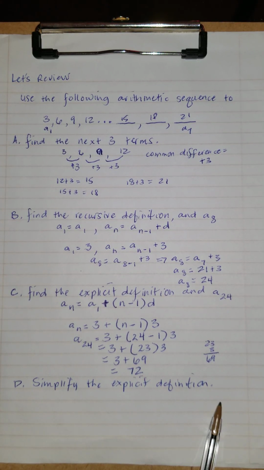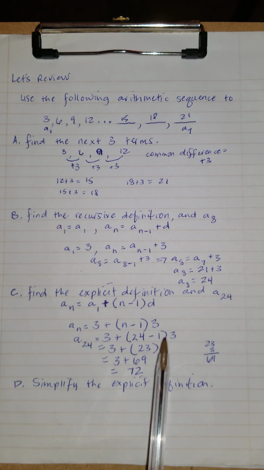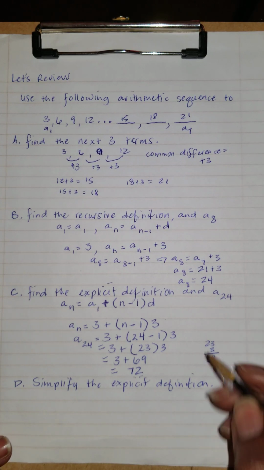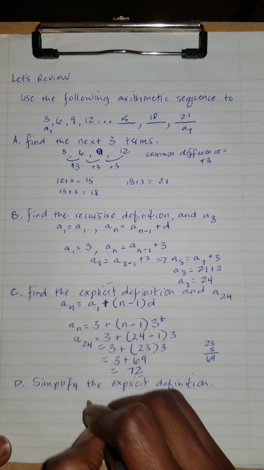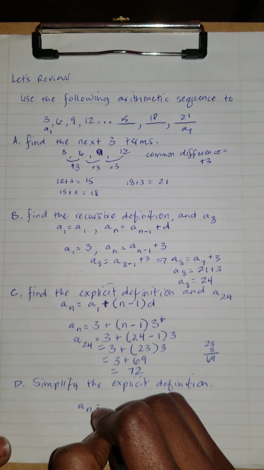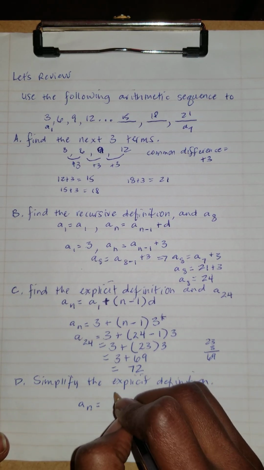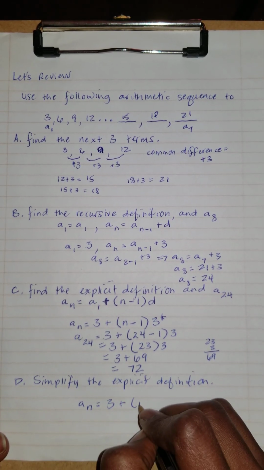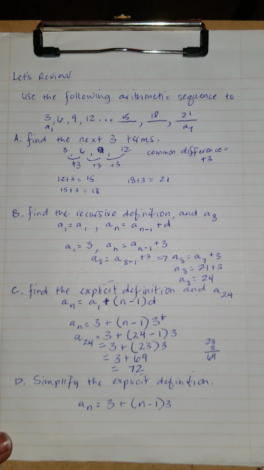Now, simplify the explicit definition. This is on here because sometimes you will see the explicit definition in this form, and sometimes you will see it in another form. So we're going to go to the explicit definition that we found, which is A sub n equals 3 plus n minus 1 times 3, and we're just going to simplify that down a little bit more.